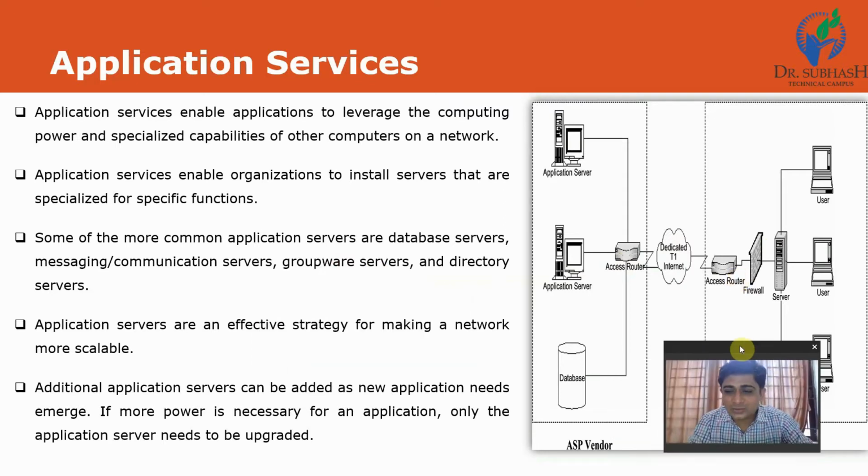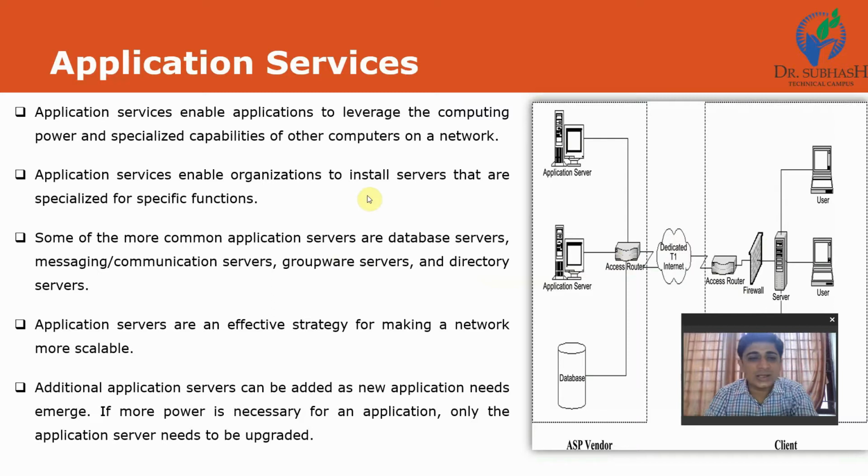Now we learn each topic pointwise. Application services enable applications to leverage the computing power and specialized capability of the other computers on the network. Now we will use a single example. Suppose we want to use mathematical calculations or an image processing system.